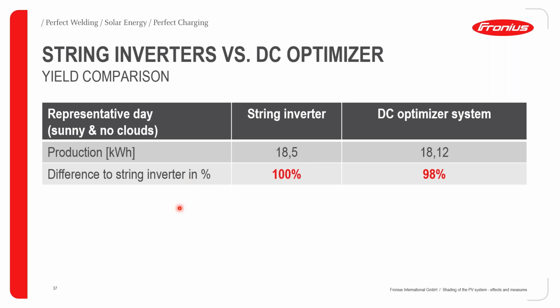And that is about 100% of what is possible from that installation. With a DC optimizer incorporated, you are losing about 2% of the potential output from this system.